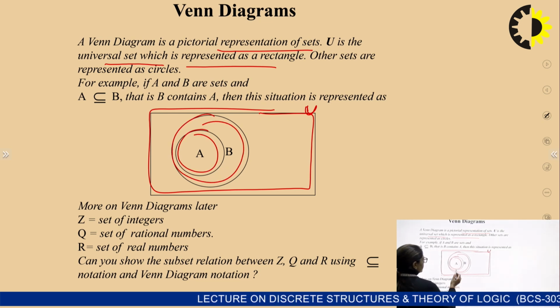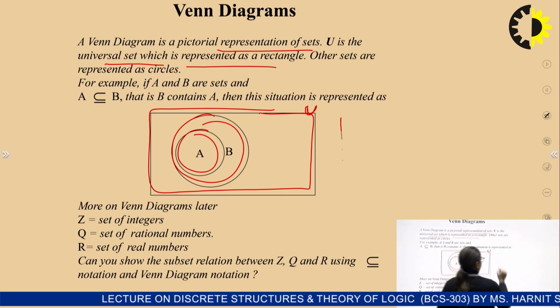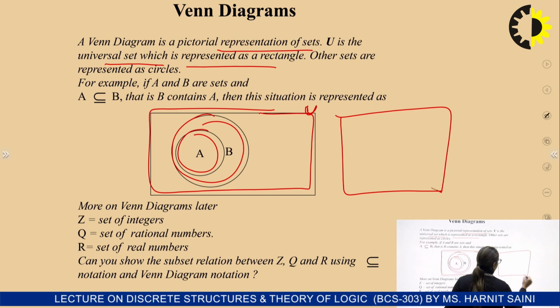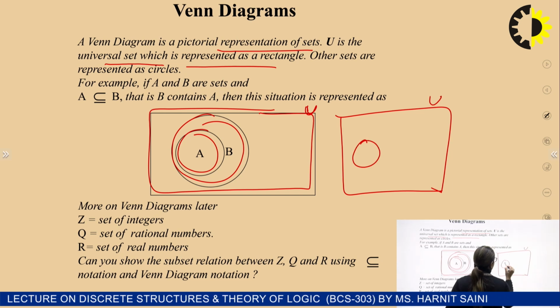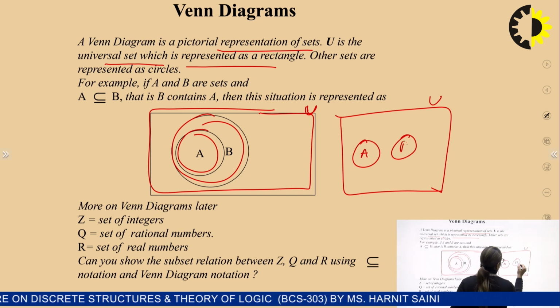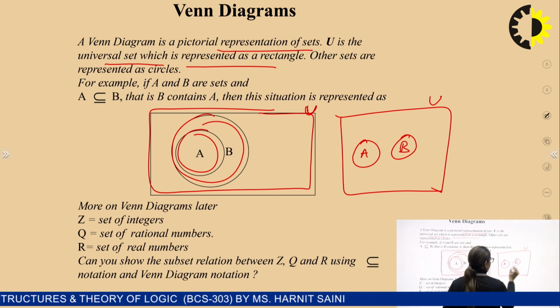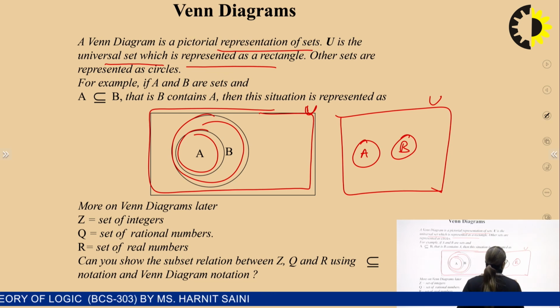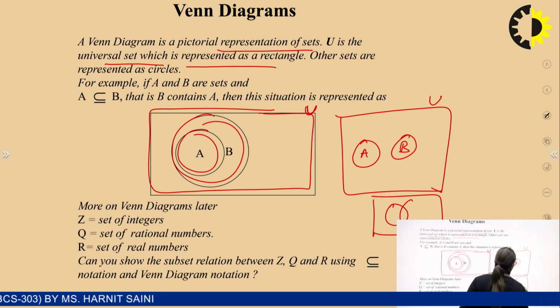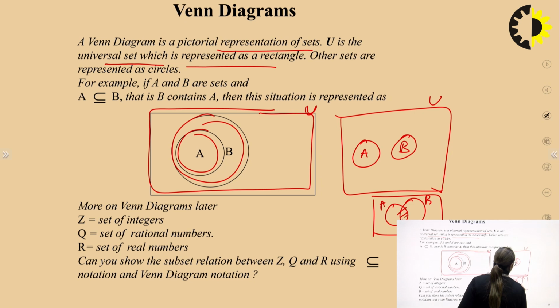This means that the elements of A are contained in B. Like if we are drawing like this, the universal set, this is set A and this is set B. All the elements of the universal set are divided into A and B. And if we are having intersection, then we can say A intersection B. This is the intersection part, means the common part between the two, right?